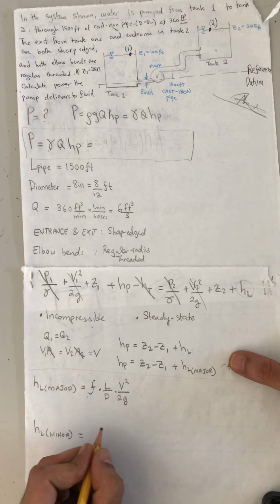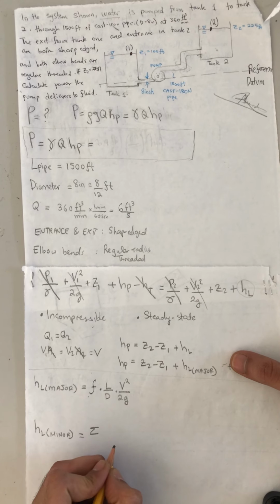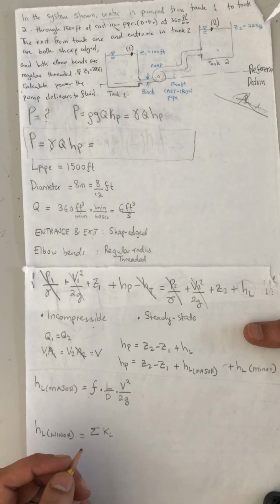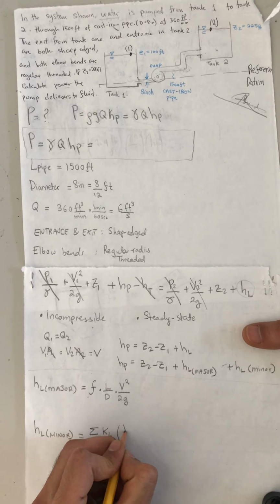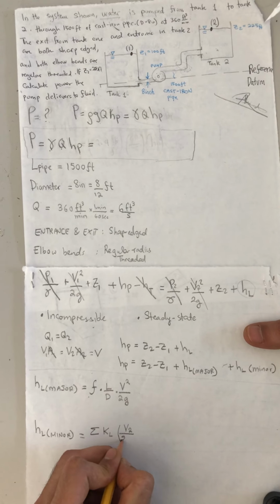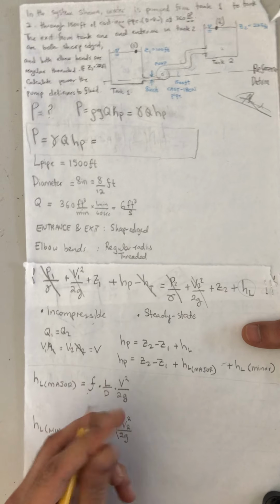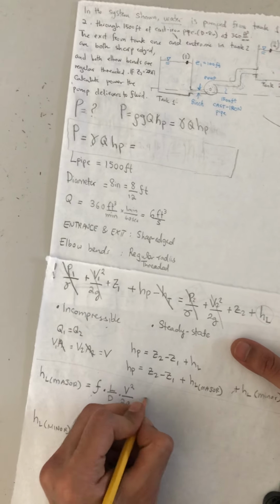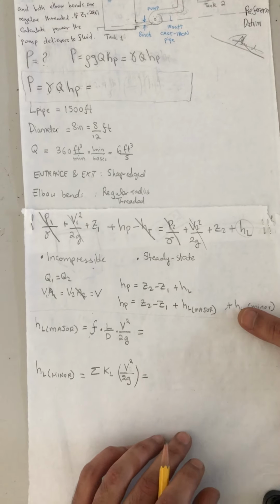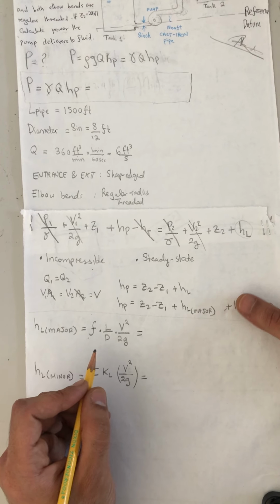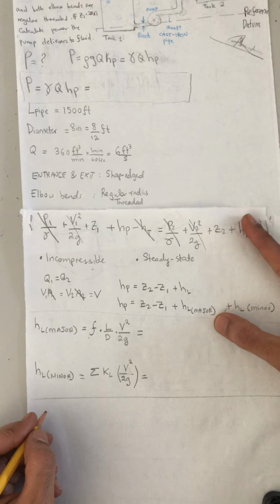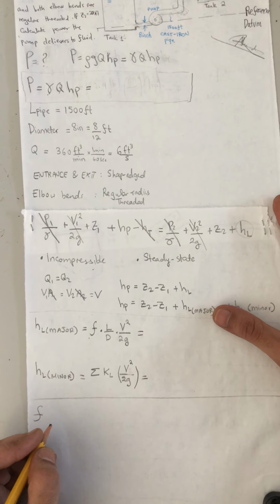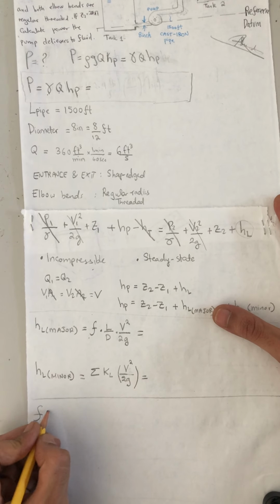We can have more than one component in our system, so we can sum the coefficients of loss, times velocity squared over 2g. Our frictional factor is a value that depends on our Reynolds number and our relative roughness.